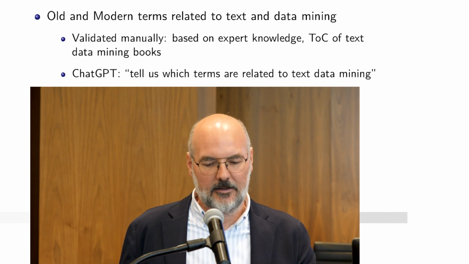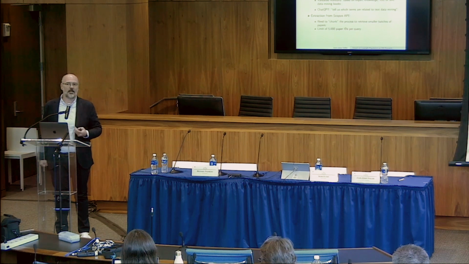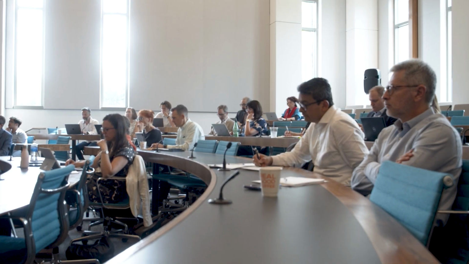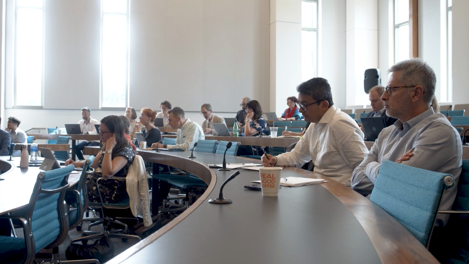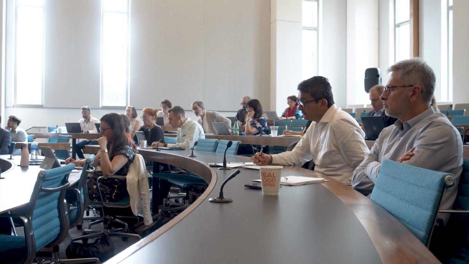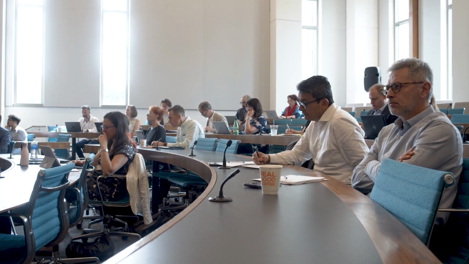We extracted those terms through the API, and this required several iterations of the process because several mistakes or errors were coming up. And I would like to thank Bernat Coma for that, because he's the engineer of the team, and he managed to finally give us a complete data set.